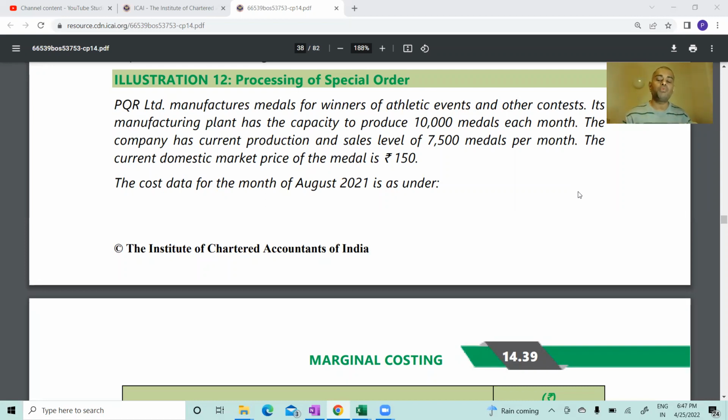Standard costing part 1 is in Inter, standard costing and variance analysis will be in Final. Budgets will be in Intermediate level, budgetary control will be at CA Final level. Though they use the word budgetary control in CA Intermediate level, you have only up to calculation of budgets. The next step is not there in CA Intermediate level.